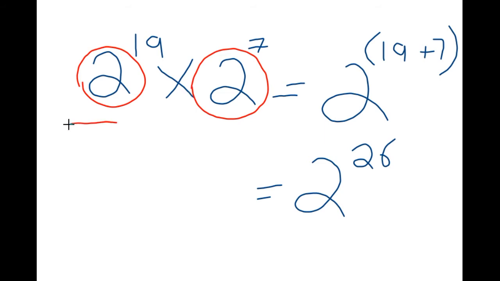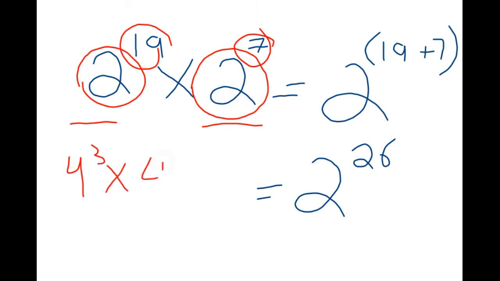Like the bases in this case are the same and the powers are different, only then will you be able to use this method. Like 4 to the power of 3 times 4 to the power of 7 makes 4 to the power of 10.